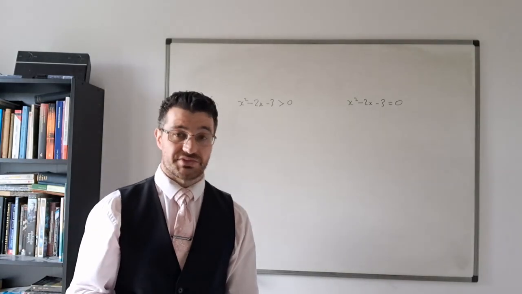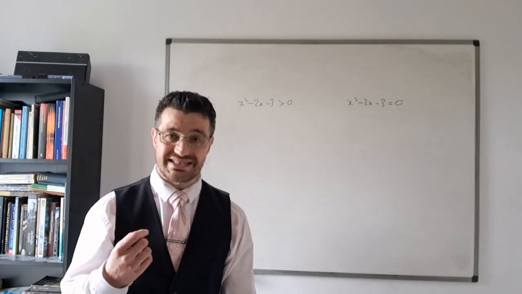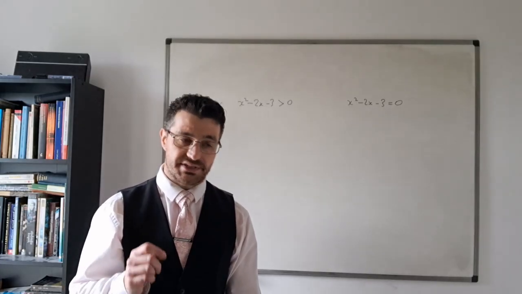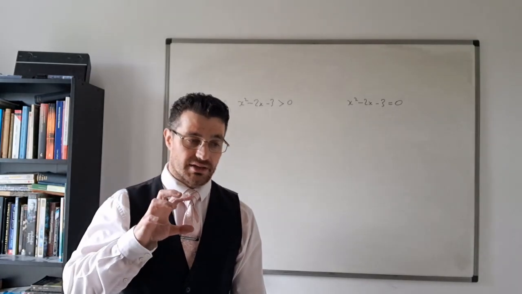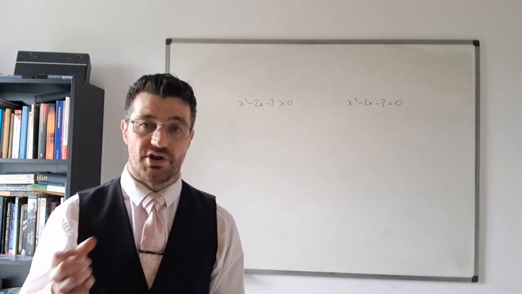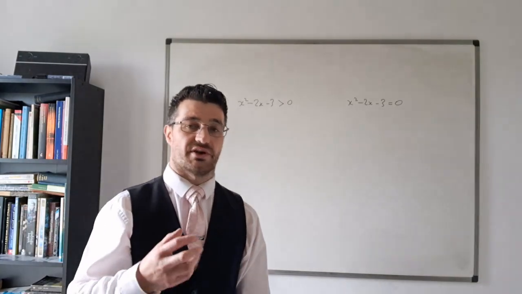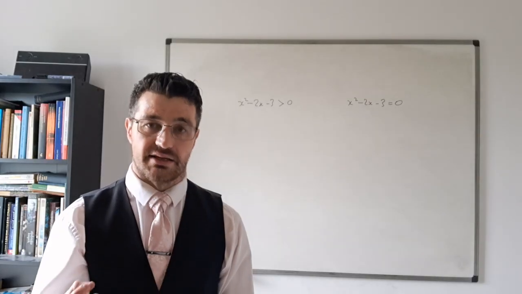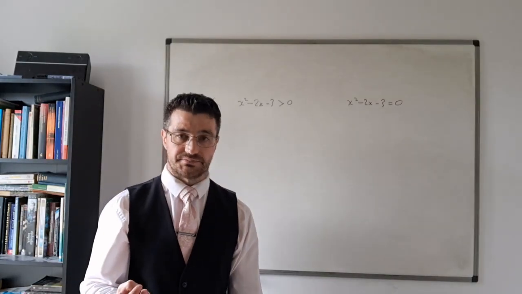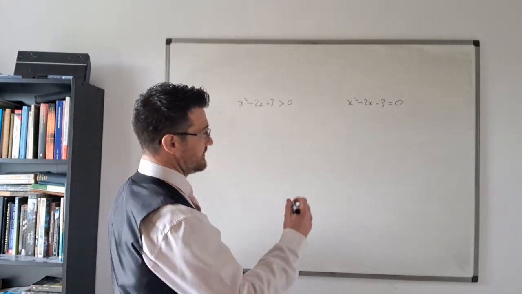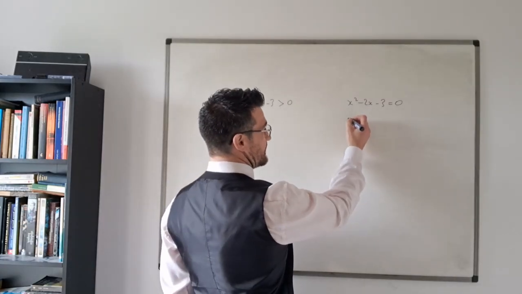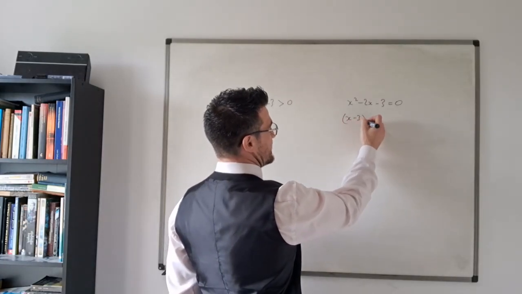And what it often comes down to is how well do you understand what you're doing? And understanding is not the same as knowing. Knowing how to solve a quadratic equation is not the same as understanding how to solve a quadratic equation, as I'll explain. So let's say we want to solve this, then we might use factorization.